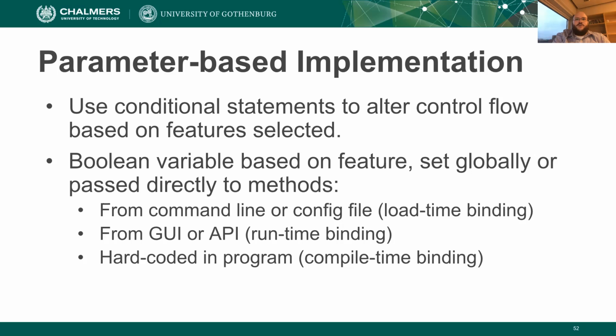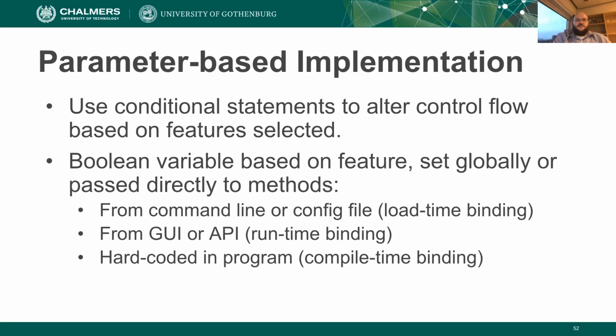This is an example of load time binding, right? If you take in command line parameters or you read a configuration file, you set those when the program starts and then run the program, right? And if you want a different configuration, you need to restart the program through the command line, having changed either the variables you're passing in or your configuration file, right?